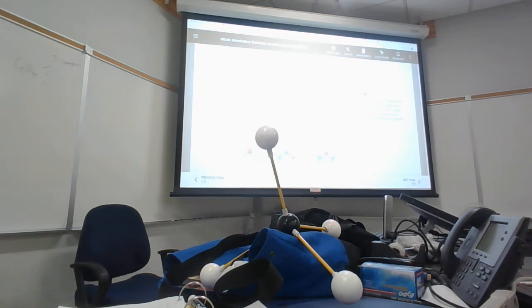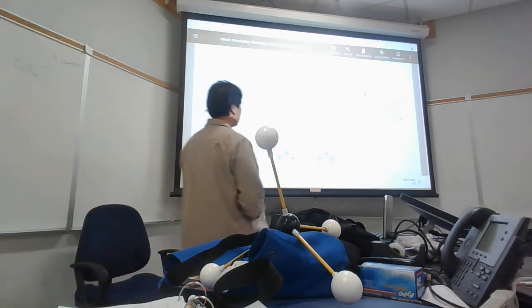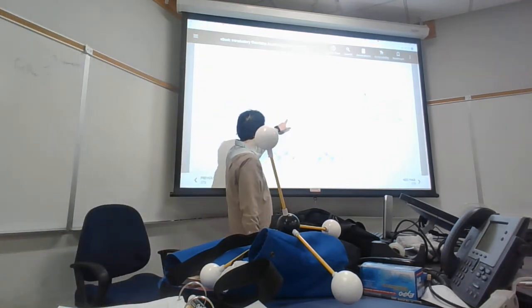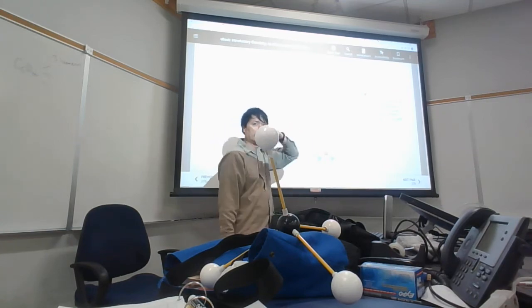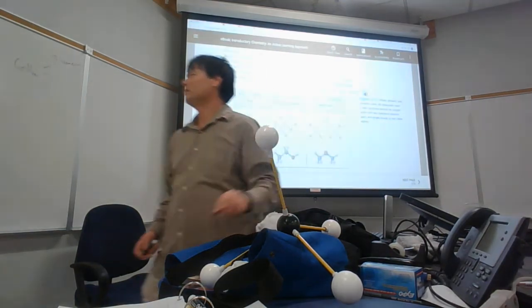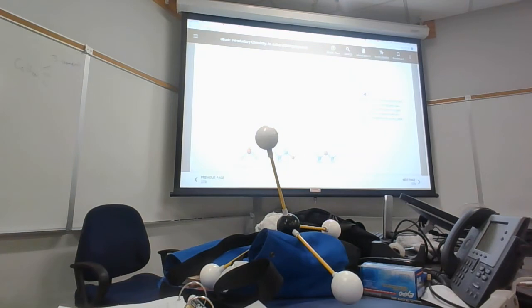This oxygen, there are 2 lone pairs. And so what's the number of groups around the oxygen? Looking at the Lewis structure, this oxygen has how many groups? Single bond 1, single bond 2, lone pair 3, lone pair 4. 4 groups total. 4 groups means it's tetrahedral.